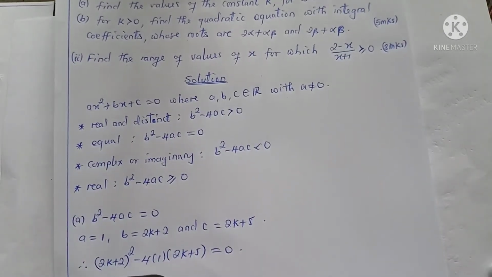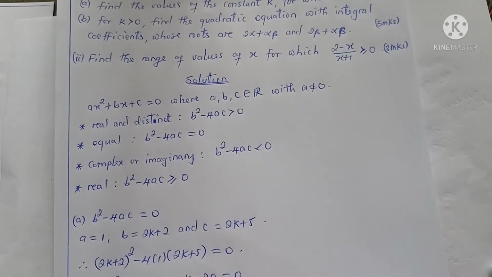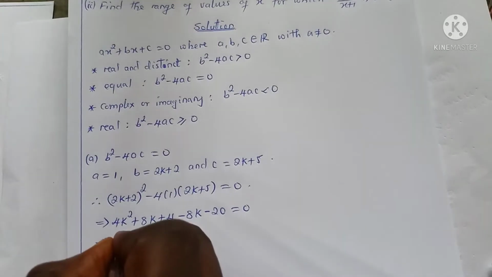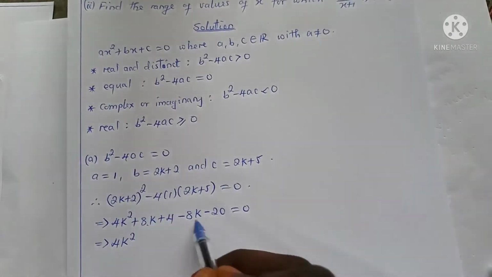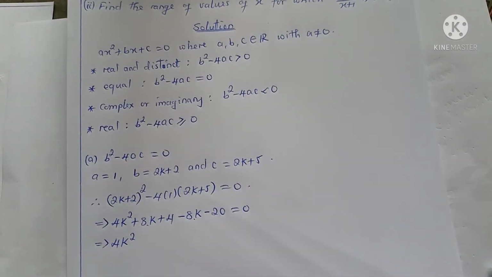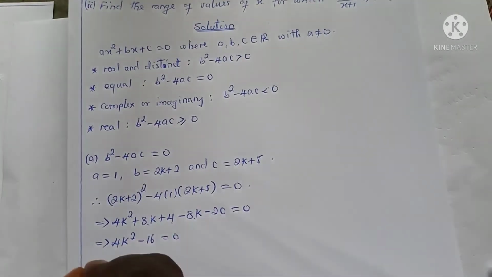So this implies that 4k squared plus 8k plus 4 minus 8k minus 20 must be equal to 0. So this implies that 4k squared, we know 8k minus 8k is 0, and 4 minus 20 is negative 16. So we have 4k squared minus 16 must be equal to 0.